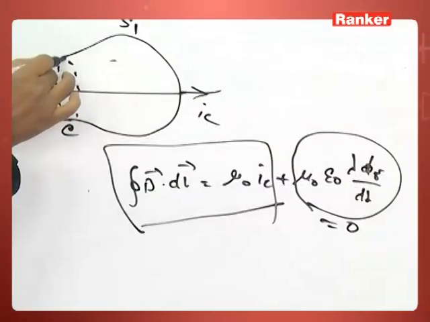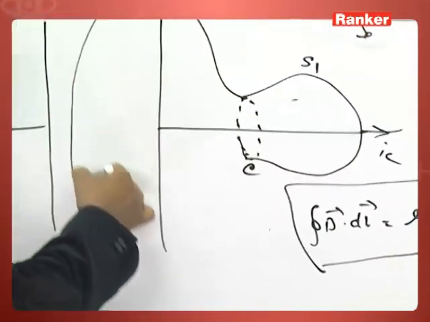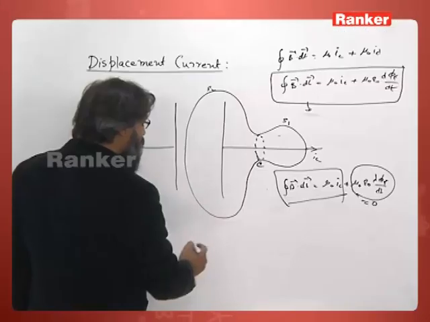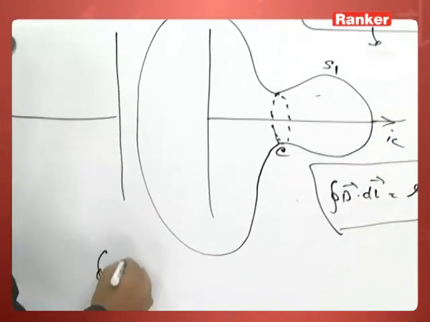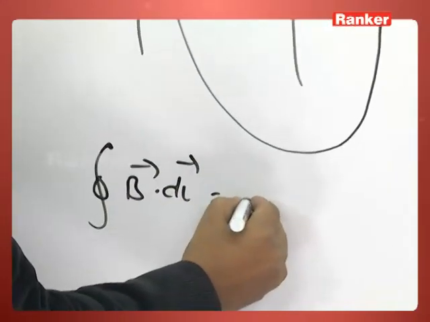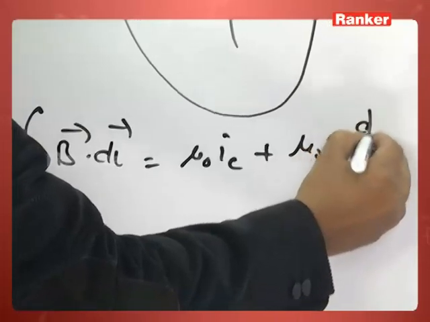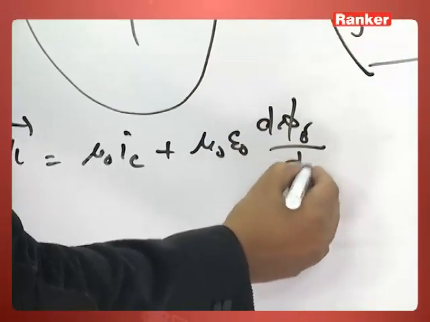But if we select our surface this way, S2, then there is no conduction current, and we write B dot dl is equal to mu naught I_C plus mu naught epsilon naught d phi E by dt.